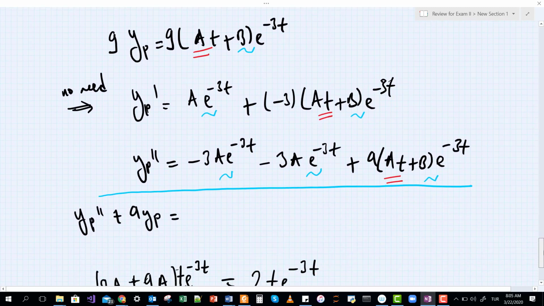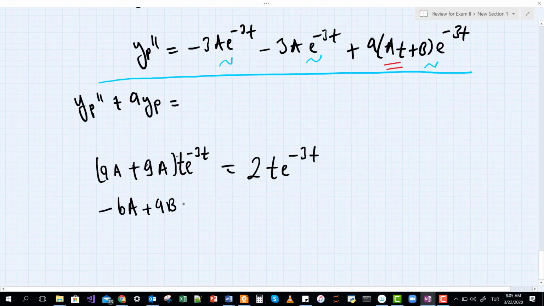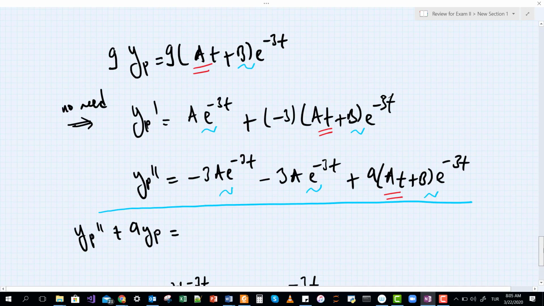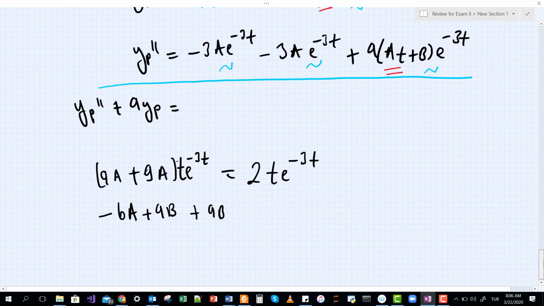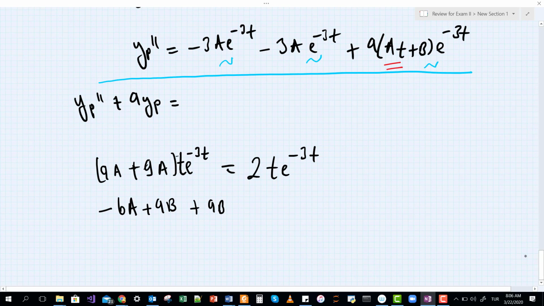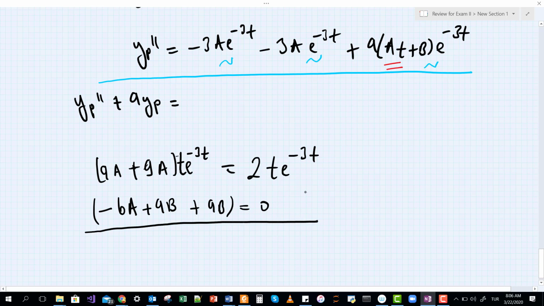From the first term, 9b, and then also I have 9b from the first term. Okay, let's see, 9b, yes, and then I have negative 6a from the yp second prime, and I also have the 9b again from yp second prime. This should be equal to 0, since I don't have any constant in my function on the right-hand side.